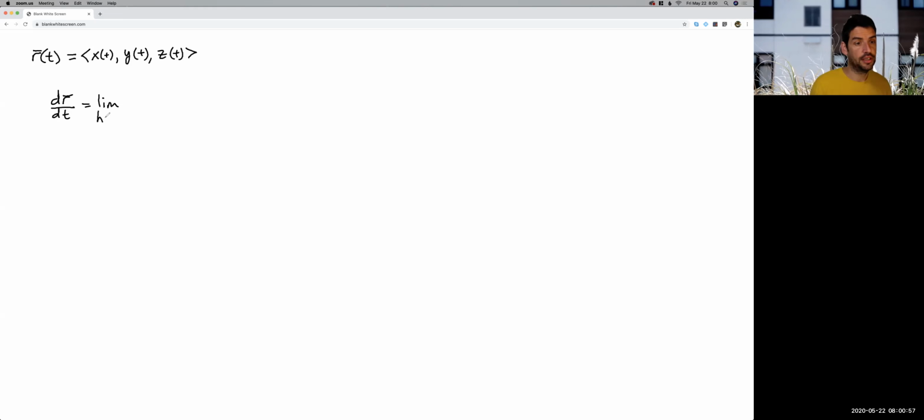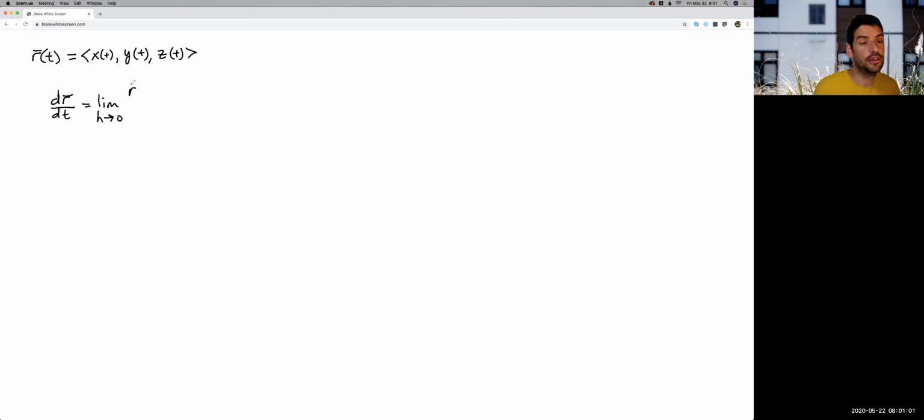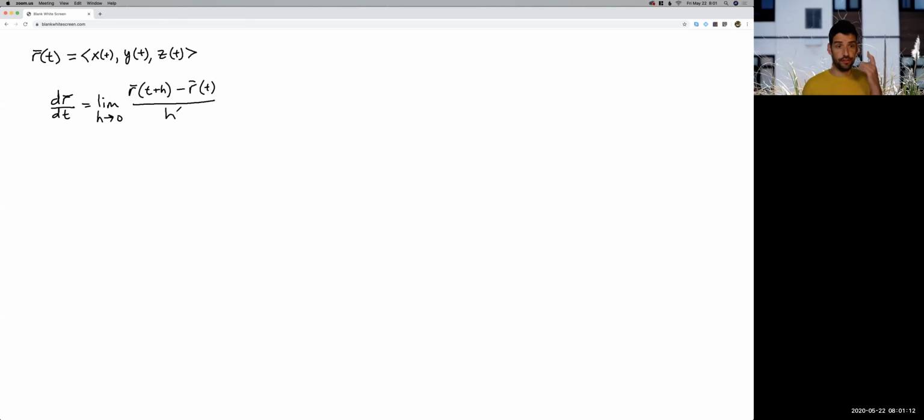The limit as h goes to 0 of r of t plus h minus r of t divided by h, right? So it looks very familiar. We're just looking at a vector function now.